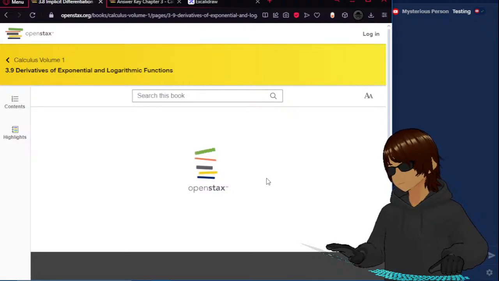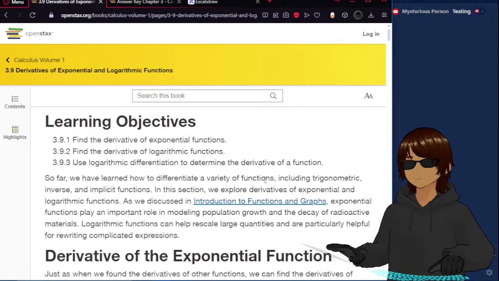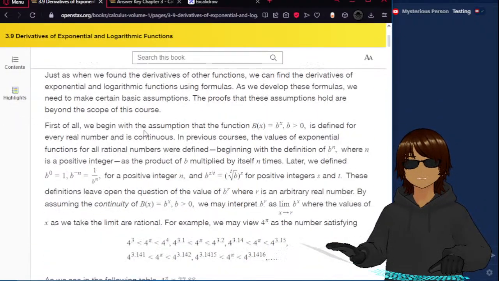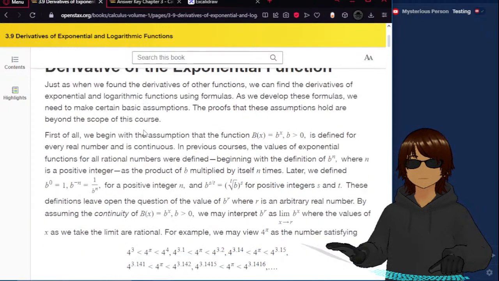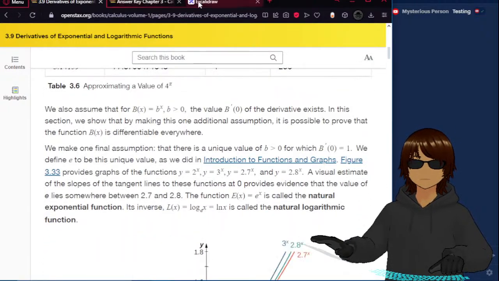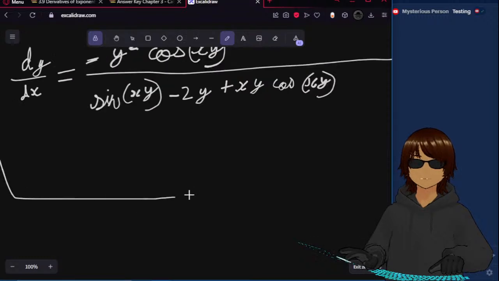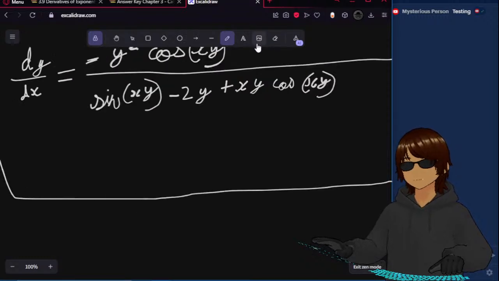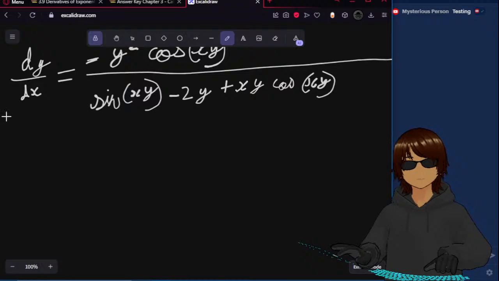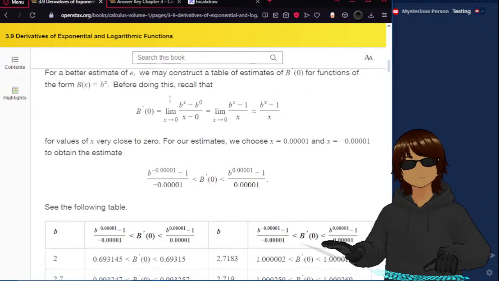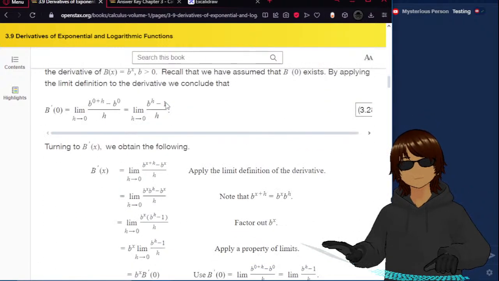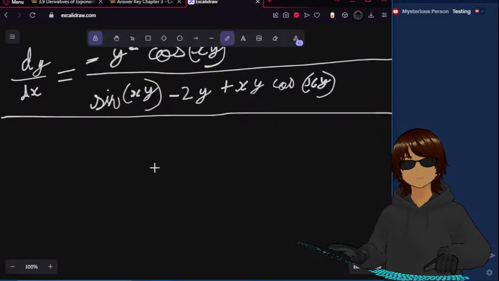Next chapter. Derivative of exponential and logarithmic functions. Wait, hold on.